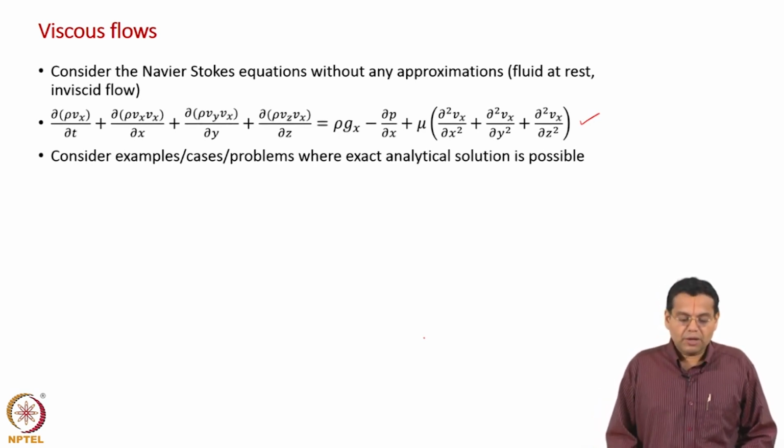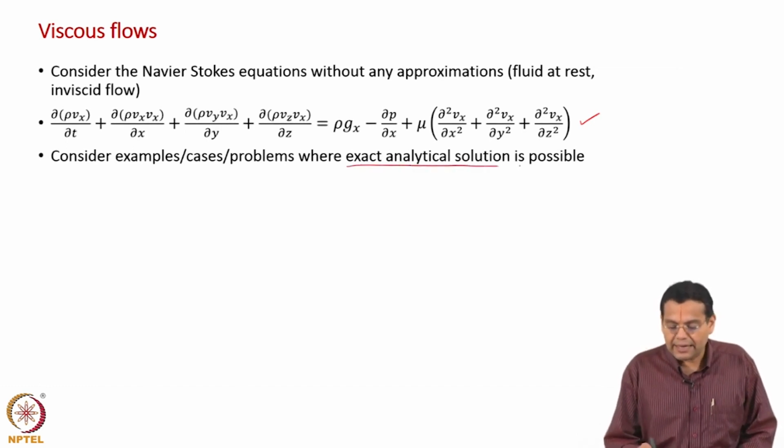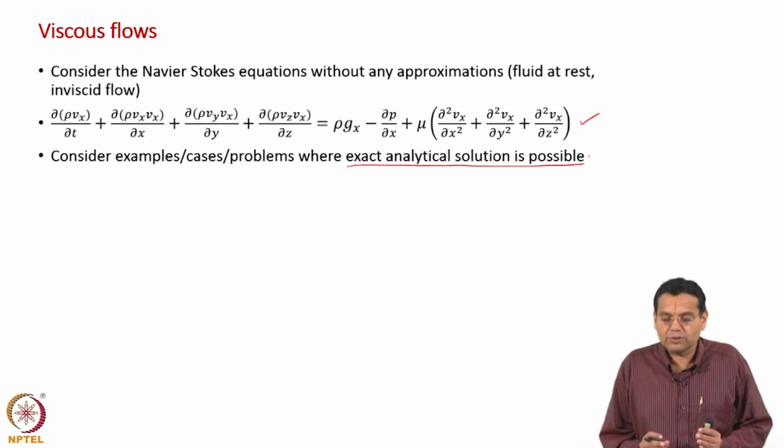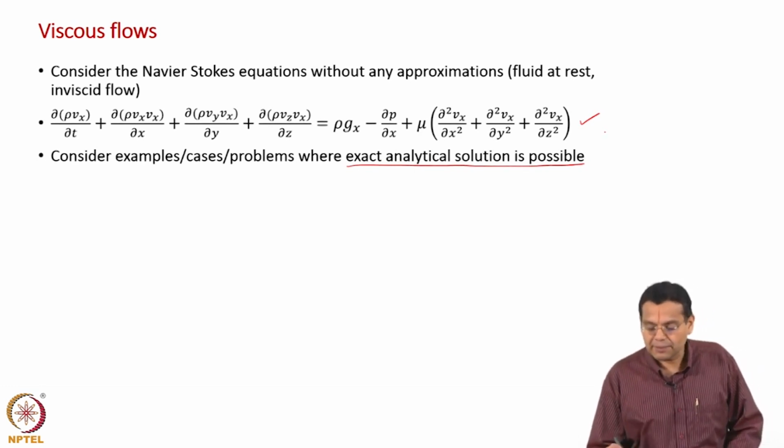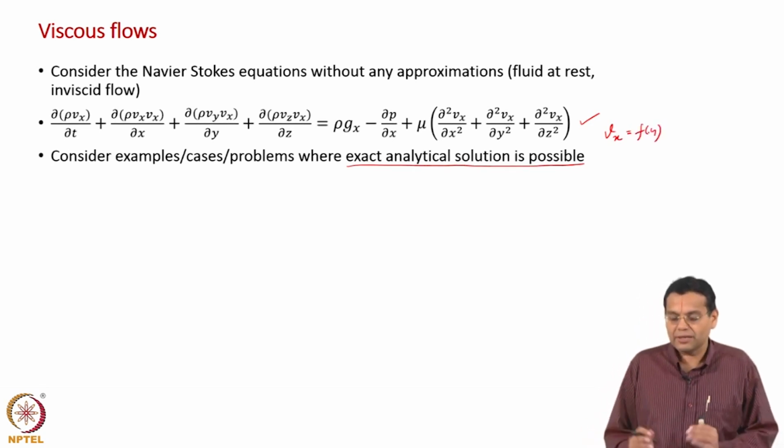So, now what we are going to do is consider examples or cases, geometries, problems, etc., where we can get an exact analytical solution. So, being an introductory course, we limit our scope and consider only those cases where we can get an analytical solution. What do we mean by that? For example, let us say you can get Vx as some function of y, okay, x velocity as a function of y.